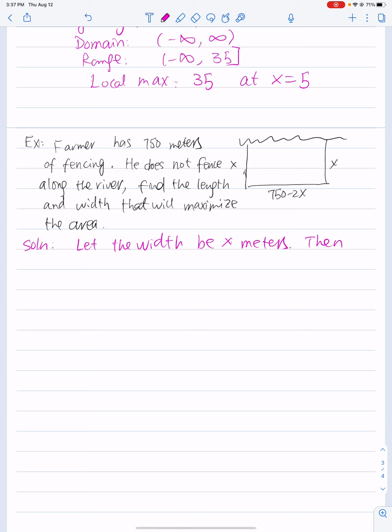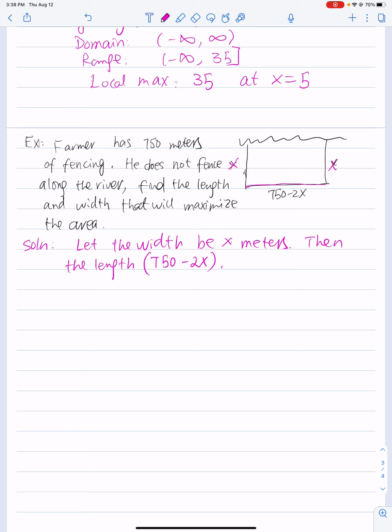Then what will be the length? Because the total is 750, you have an x here, an x here, and the leftover is 750 minus x minus another x, which is 750 minus 2x.